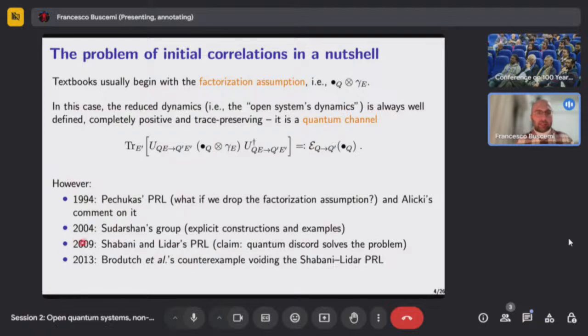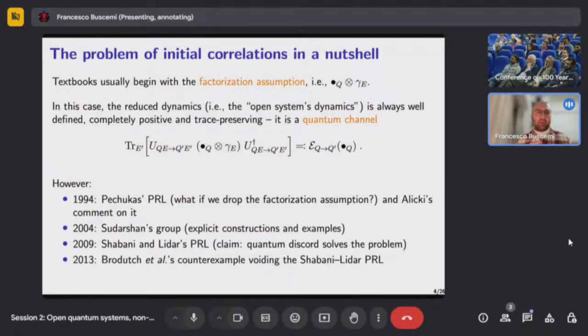But unfortunately, this claim was later proved wrong by explicit counterexamples provided in 2013 by Brodutch et al. And this also caused some debate in the community.